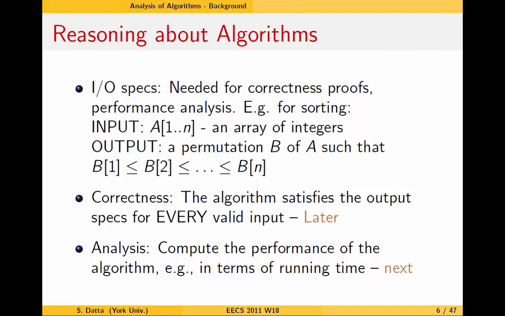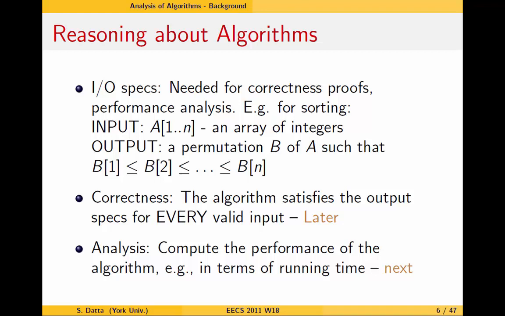Very simple. The output says, and notice now we have to be very careful, even for something as simple as sorting, the output specification says a permutation B of A such that the elements of B are in increasing order, or non-decreasing order, more correctly. Why do I have to say permutation?